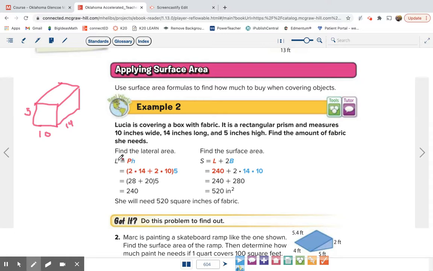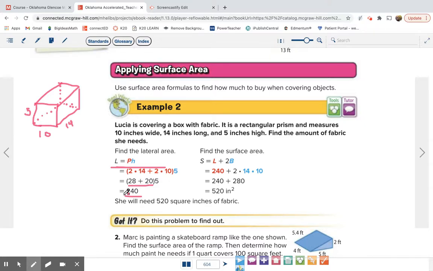Okay, so to find the lateral area, we have the perimeter of the base times the height of the figure. So this side's 14, this side's 10, so this back side is also 14, and this other side over here is also 10. So 10 times 2, which is 20, 14 times 2, which is 28. Add those together, then times the height of the whole figure, 5, to get 240.